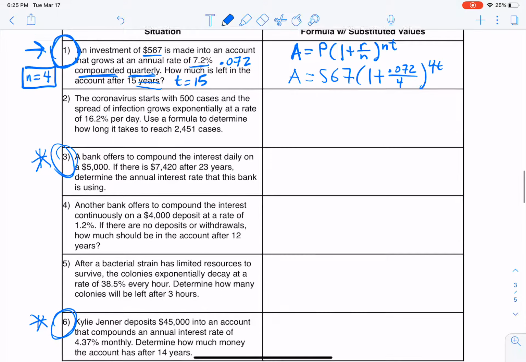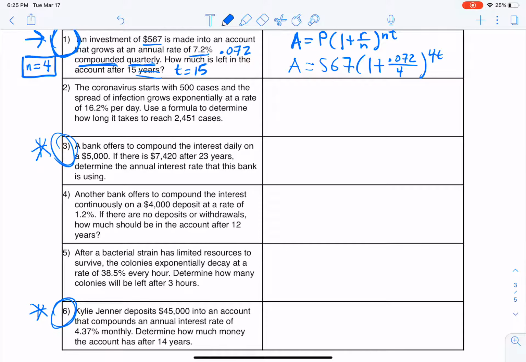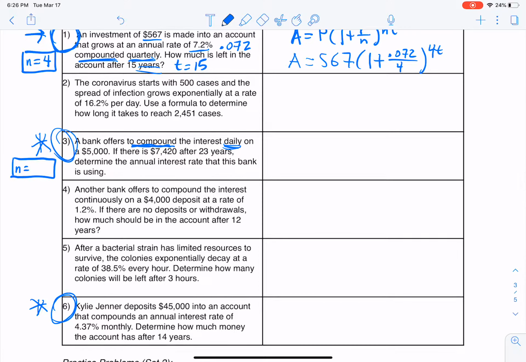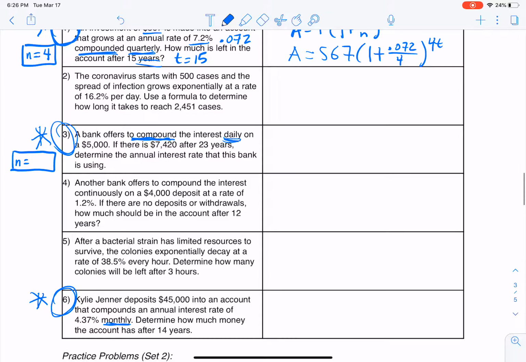So for question 3 and 6, for question 3, we're interested in a compound formula that is daily. So you need to think about, if it's daily, what is my n value? How many times does that happen per year? And for question 6, it's a compounding that is happening monthly.